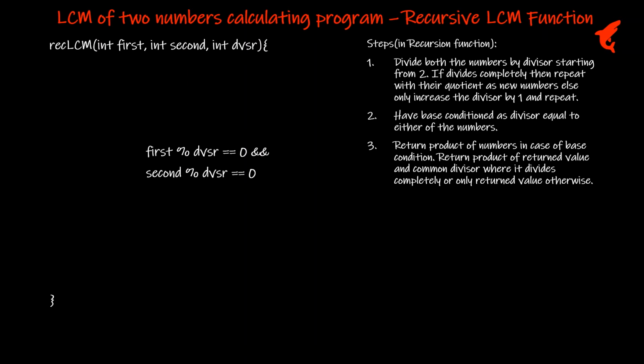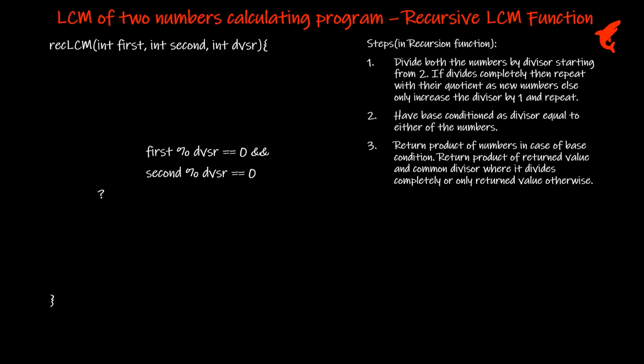In the first case, when it can divide, we have to reduce the values of first and second to their quotient, right? And if it cannot divide, we'll make the function call with the same values of first and second. The values of first and second will not change, but the DVSR value will increase by 1, right? And therefore we are going to make use of a conditional expression operator.